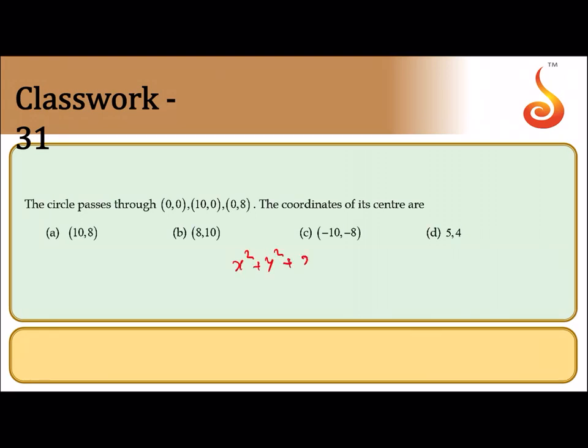So the circle passes through these 3 points. So you have to apply x square plus y square plus 2gx plus 2fy is equal to 0 because it passes through the origin. Substituting these points, we get 100 plus 20g, where the x value is 10, is equal to 0. One equation. If I substitute (0, 8), it's 64 plus 16f is equal to 0.